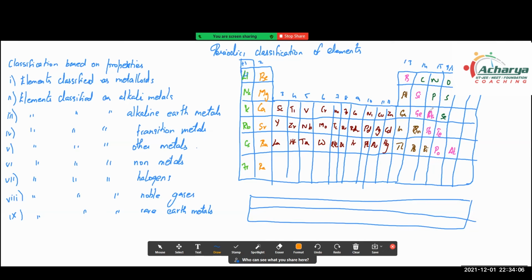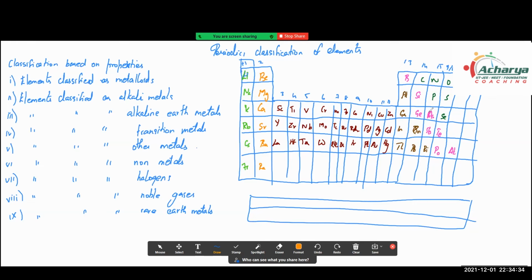These non-metals are generally gases and they do not reflect light, and they are not going to conduct heat and electricity that easily. Carbon can also exist in solid form.